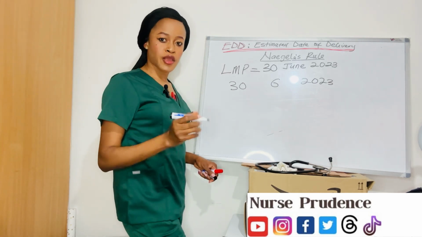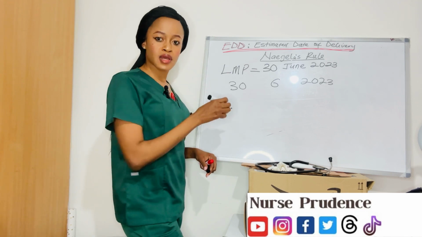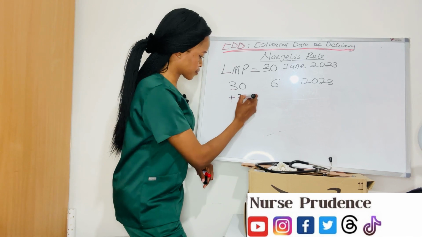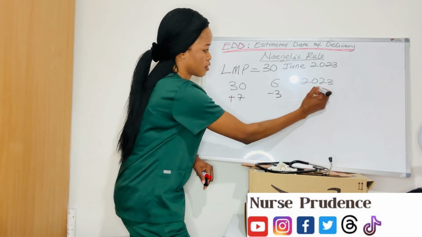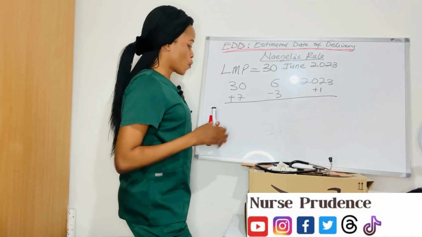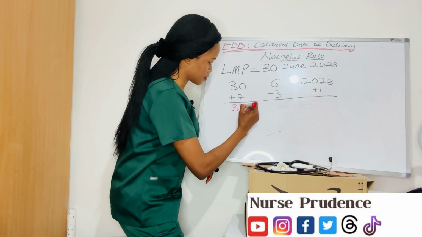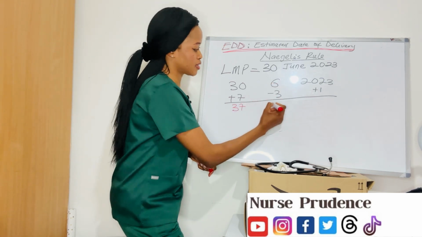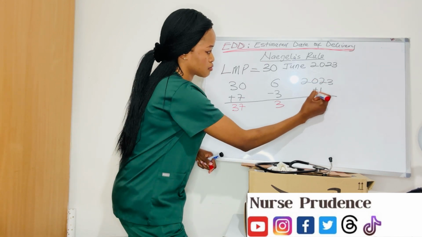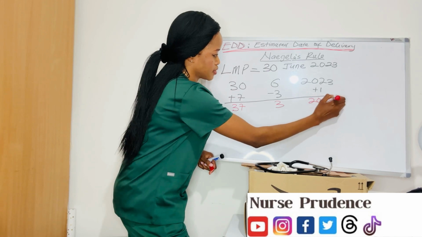According to the formula, you add 7 to the number of days, minus 3 from the month, and add 1 to the year. So this is plus 7, minus 3, and plus 1. When you add 30 plus 7, you will have 37. Then 6 minus 3 will give you 3. And 23 plus 1 will give you 24, right? Yes.